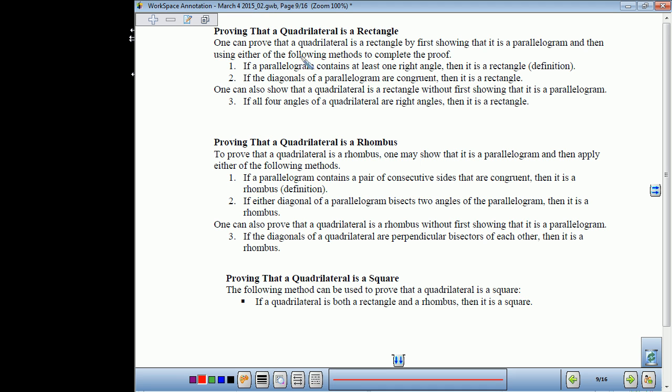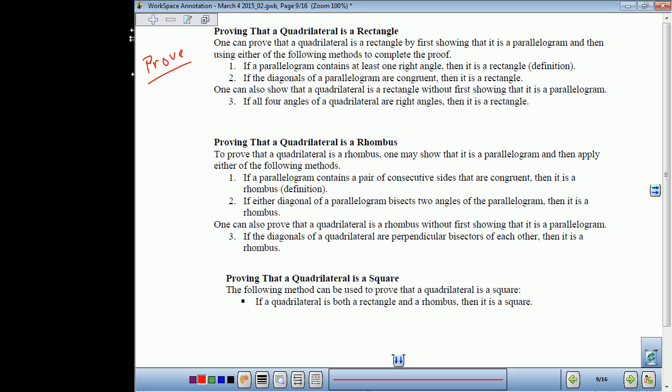Okay, so yesterday I handed you the what do I need to prove sheet. It was our second copy of what do I need to prove. And yesterday we talked about parallelograms. So there were six choices for parallelograms, right?